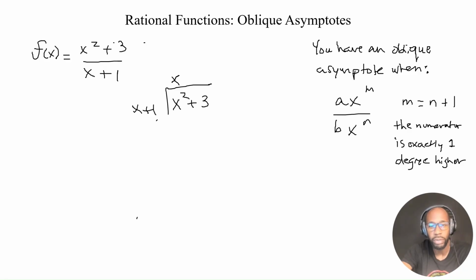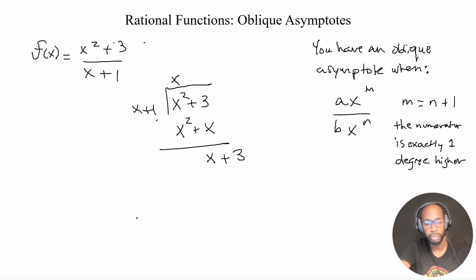So x times x is x squared, plus 1 times x gives you x. All right, so let's subtract. Then you have x plus 3. How many times does x go into x? So we're going to add a plus 1. x times 1 is x, and then 1 times 1 is 1.